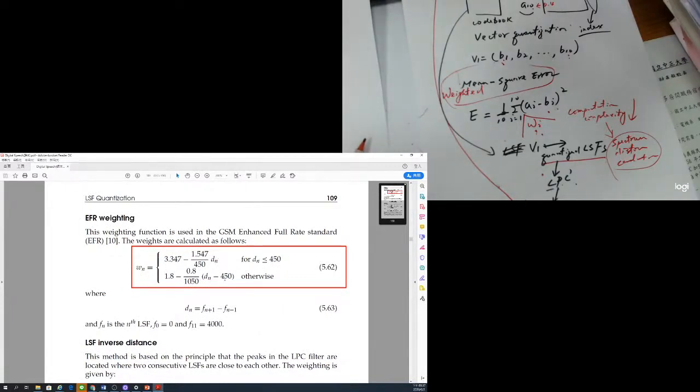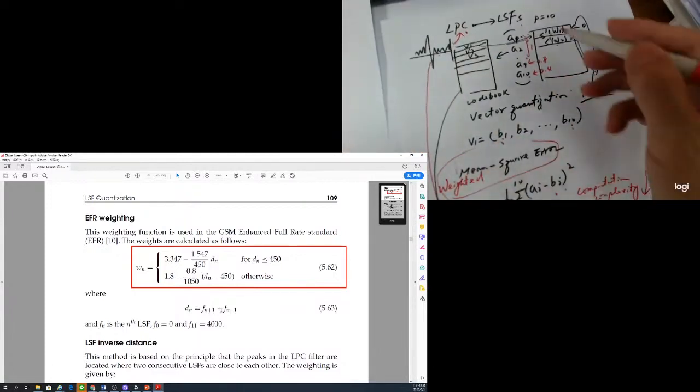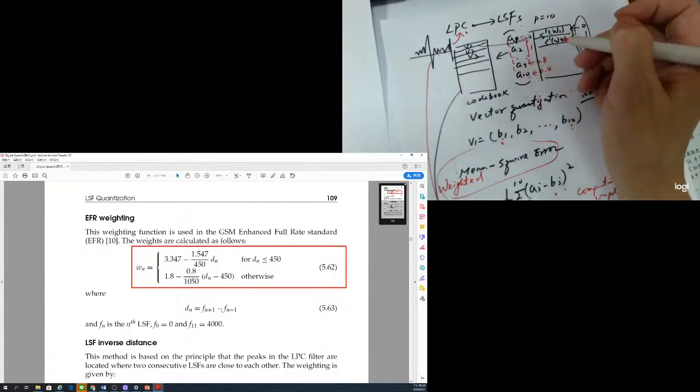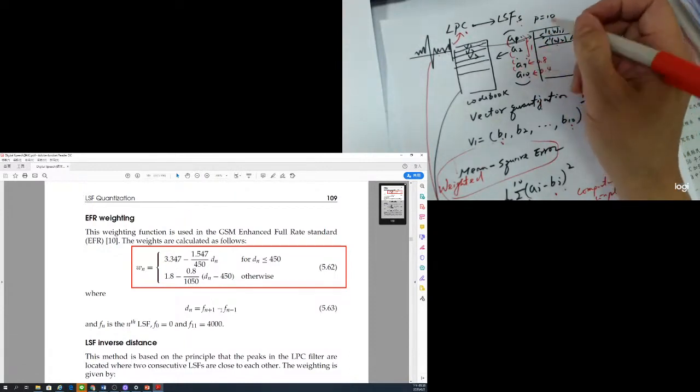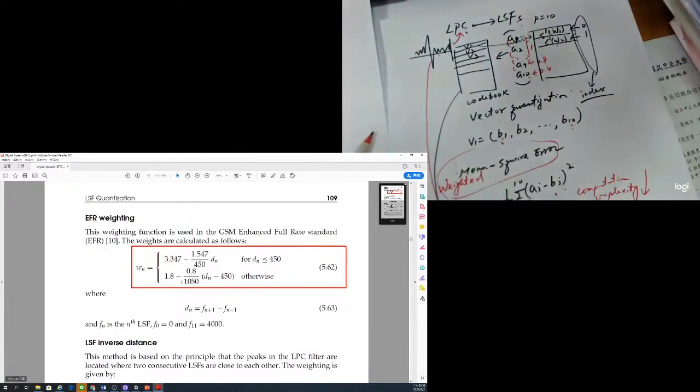Then they consider the neighboring coefficient relation. They consider the neighboring LSF coefficient correlation, the distance. So if the distance is very close, they use the top one.